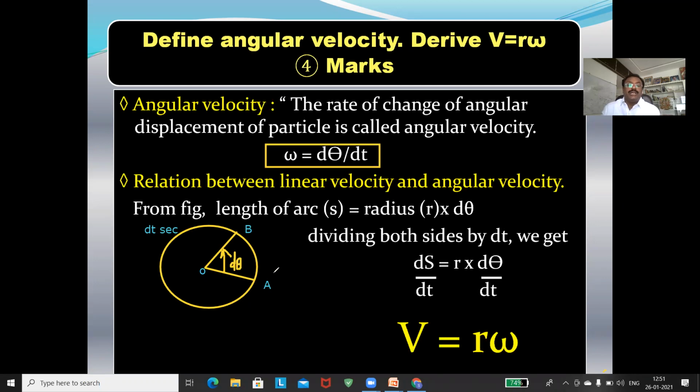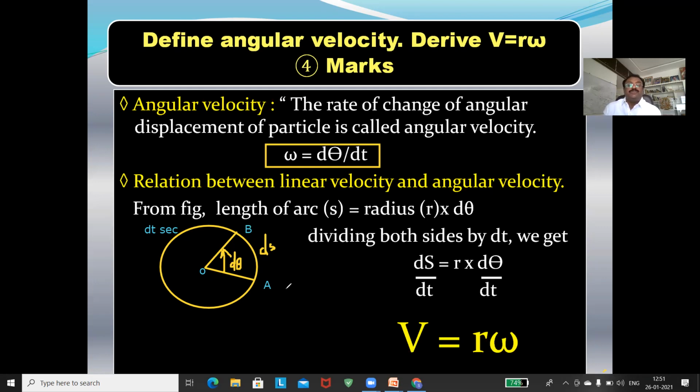The displacement of the particle on the circumference of the circle is s, or let us take ds, in dt seconds. Here the angle made by the particle at the center is the angular displacement, in t seconds.